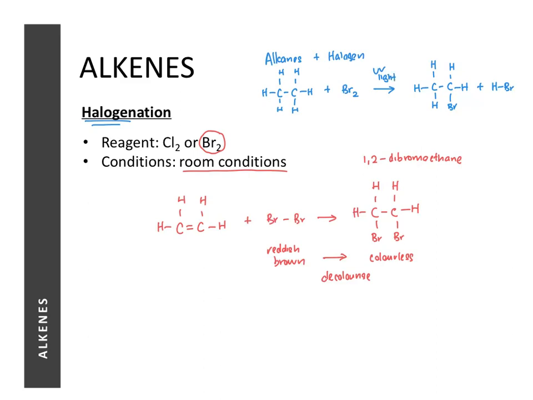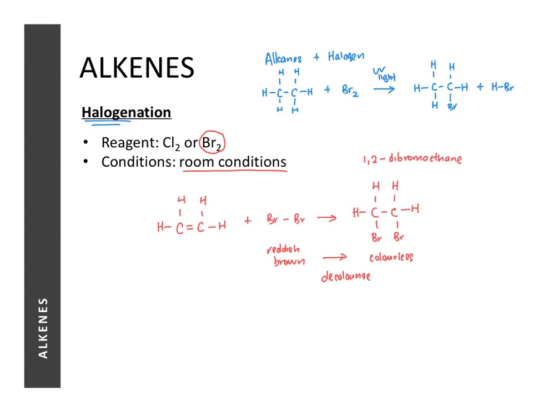So addition of bromine becomes very important to distinguish whether the compound that we have is an alkane or an alkene, or whether the organic compound contains any carbon-carbon double bond. Why? If we add bromine to an alkane under room conditions, the bromine will remain, so the reddish brown color will remain.